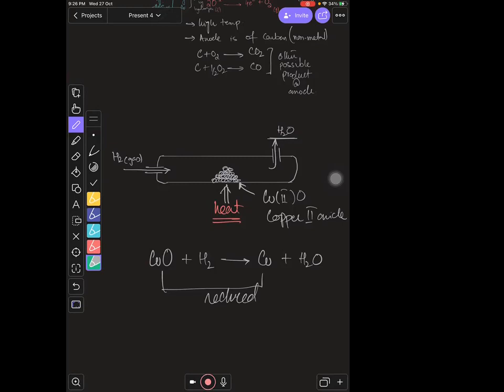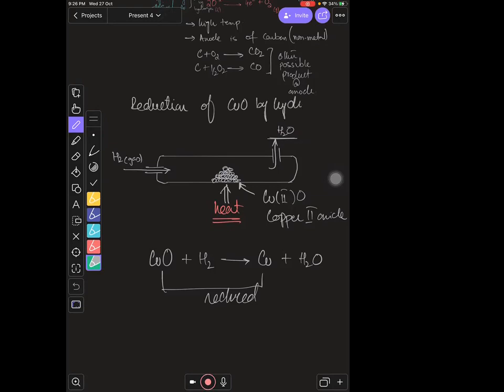So just to avoid this reaction, we stop heating and allow copper to cool down, and till that time we keep passing hydrogen through the tube. So in this way oxygen is not going to enter the tube, and there is no reaction between oxygen and copper, right bacho? Yes. So this is the reduction of copper oxide by hydrogen.